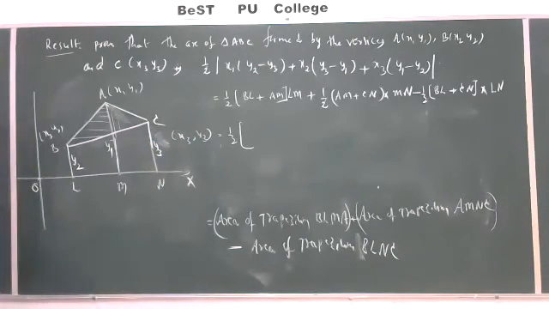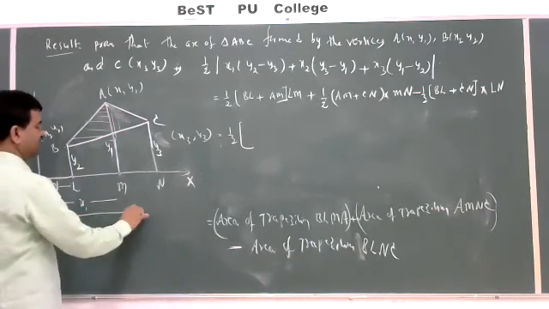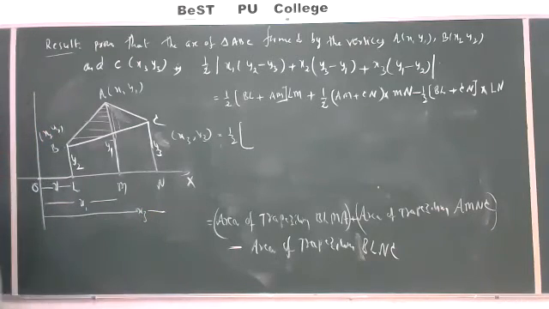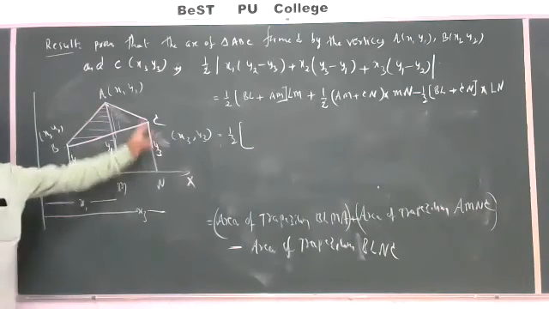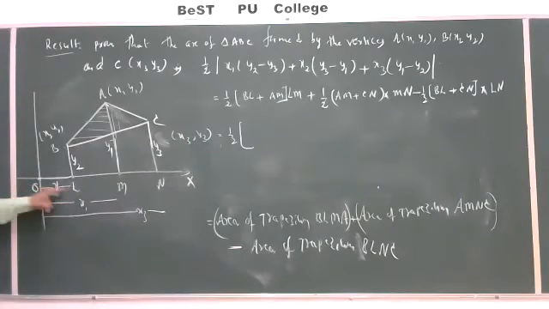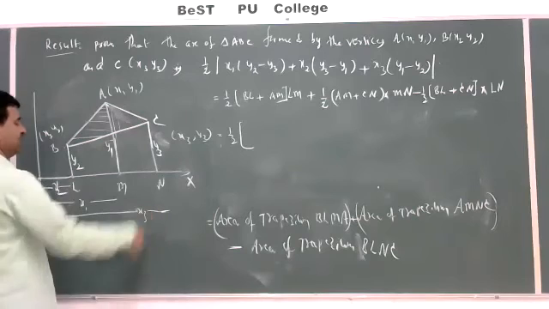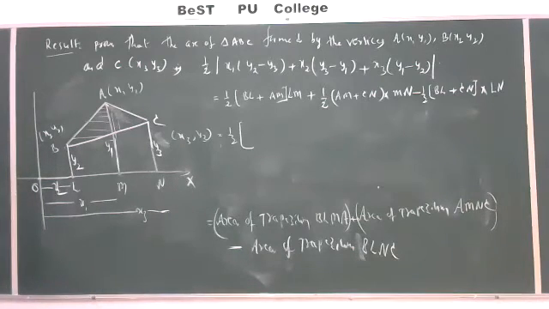OL is x2, OM is x1, and ON is x3. So BL is y2, AM is y1, CN is y3, OL is x2, OM is x1 and ON is x3. Now we'll write those values and simplify.